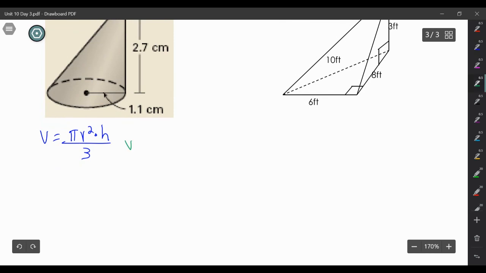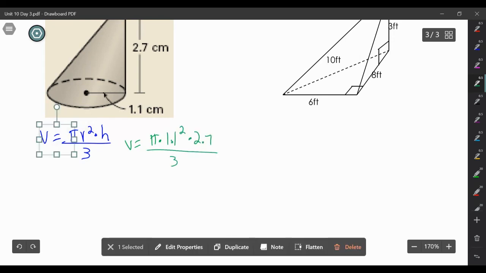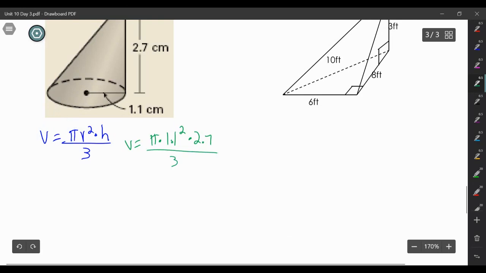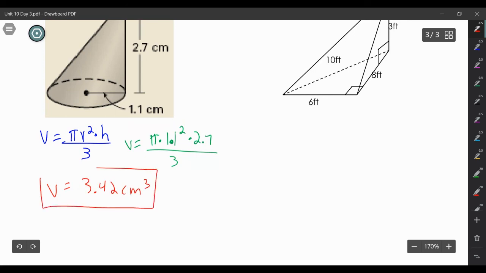So then the volume will equal pi times the radius, which is 1.1 squared, times the height, which is 2.7, all over 3. We type that into the calculator. The volume then is going to be 3.42 cubic centimeters.